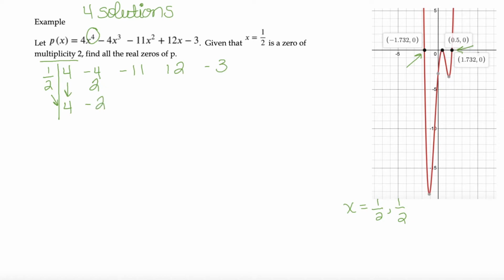Half of -2 is -1. When I add together, we have -12. This is working out perfect. Half of -12 is -6. 12 minus 6 is 6. Half of 6 is 3. -3 plus 3 is 0. Should not surprise us that we have a remainder of 0 because we know that 1/2 is a 0. I now have a reduced polynomial.